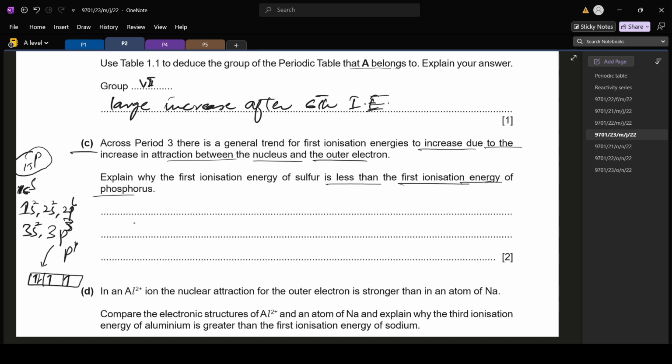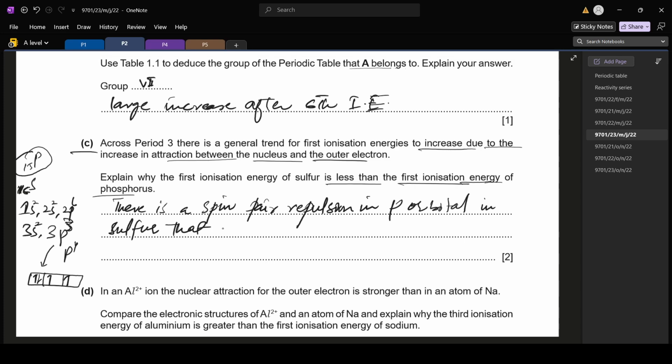So what is the reason? There is spin pair repulsion in p orbital in sulfur that outweighs increased nuclear charge.